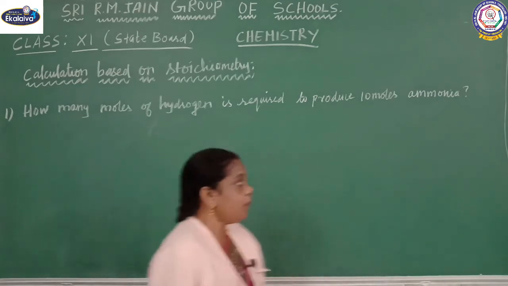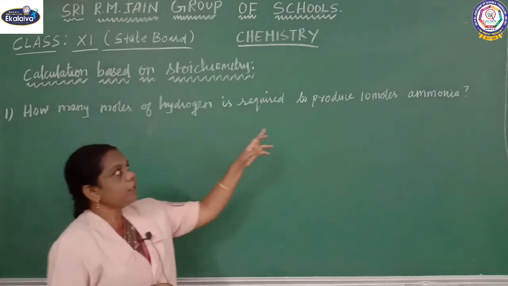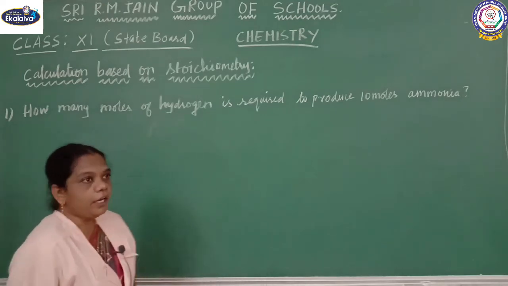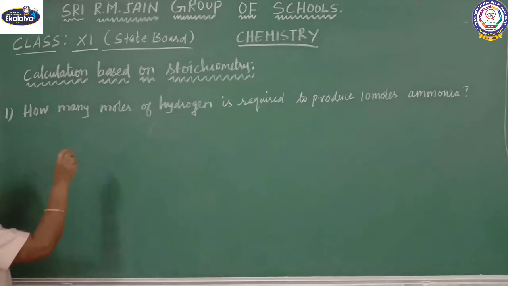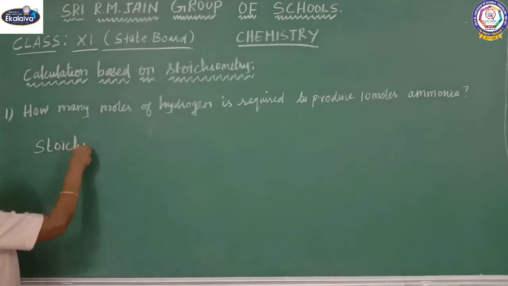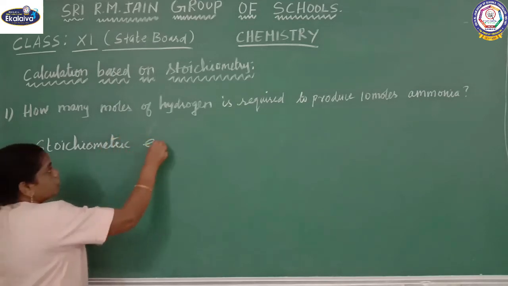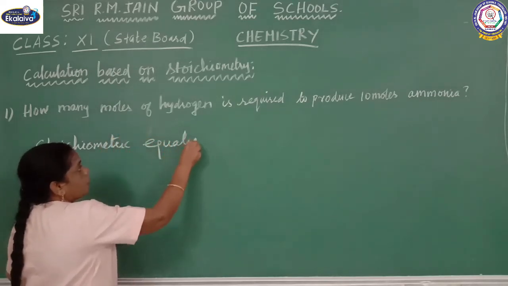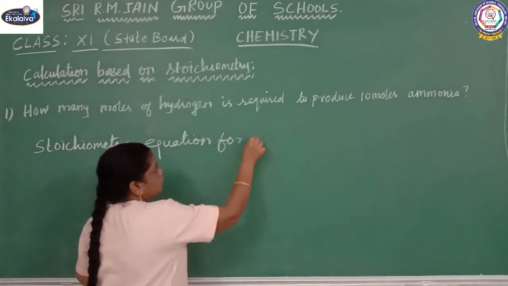In the first problem, we are going to see how many moles of hydrogen are required to produce 10 moles of ammonia. First we are going to write the stoichiometric equation for the formation of ammonia.